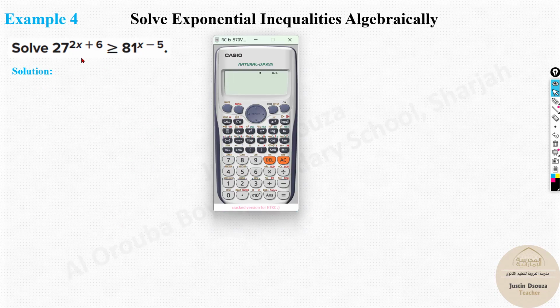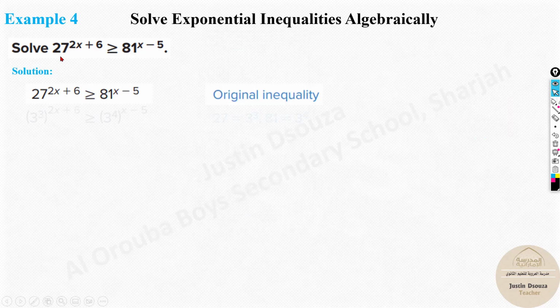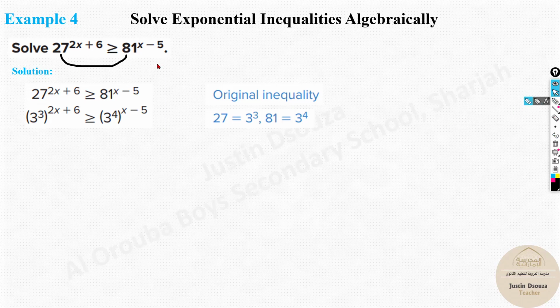We will see how to solve this actually. Here you can see both the numbers are huge. Do you know any relationship between these two numbers? Generally, if you see 27, I know the cube root of 27 is 3, and 3 to the power 4 is 81.